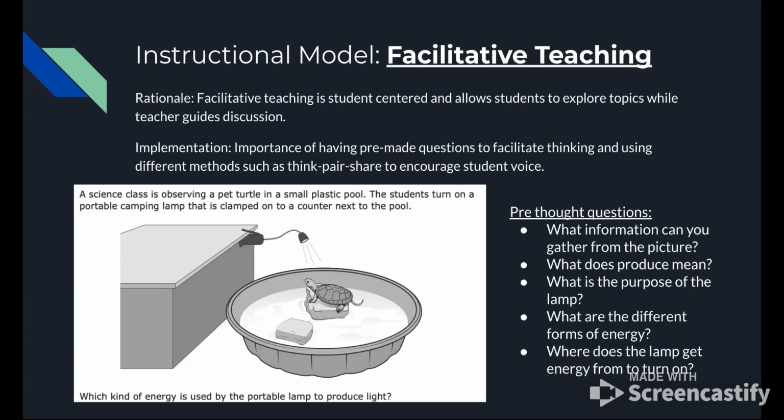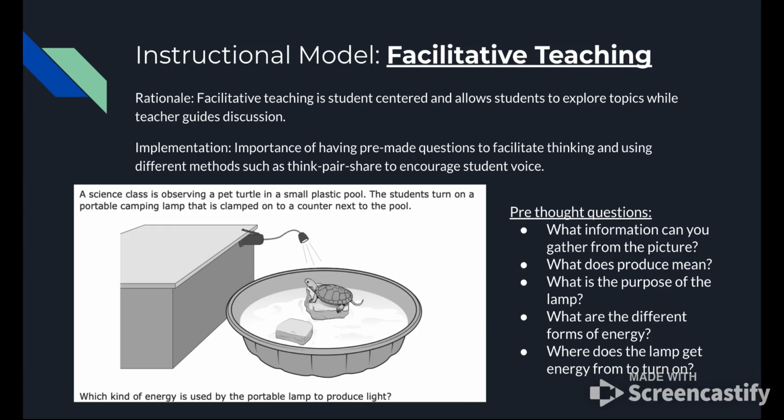Now, in order for us teachers to guide that thinking, I do have these pre-thought questions, which are: what information can you gather from the picture? So you're looking at the picture, you see a turtle, you see a lamp. What information is this picture giving you?